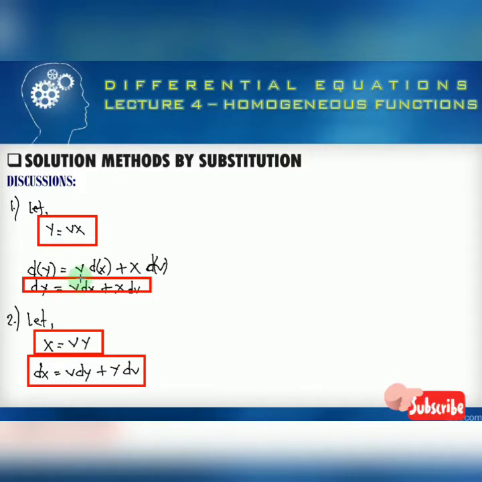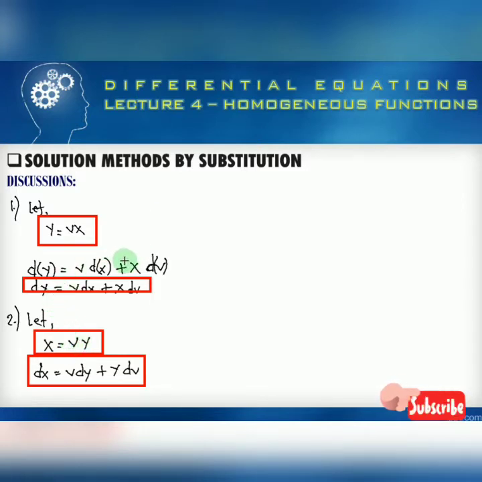After the solution, the variable y is substituted back to the equation. The same goes for our second method: the variable x is eliminated because we introduce b in our differential equation, and after the solution the variable x is substituted back to the equation.